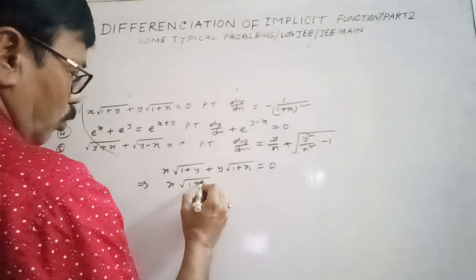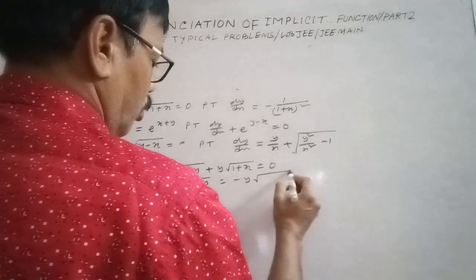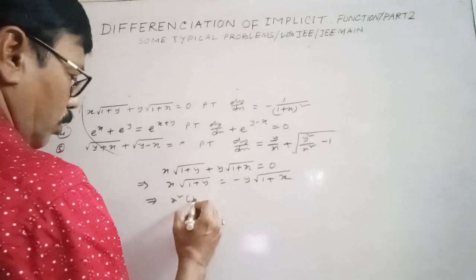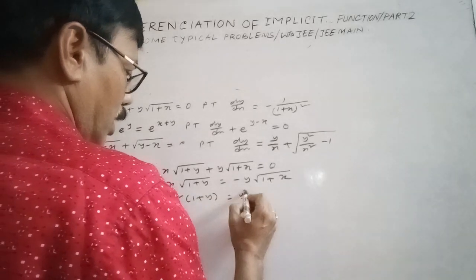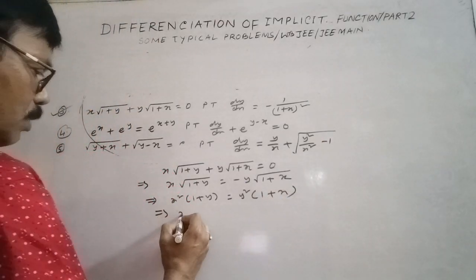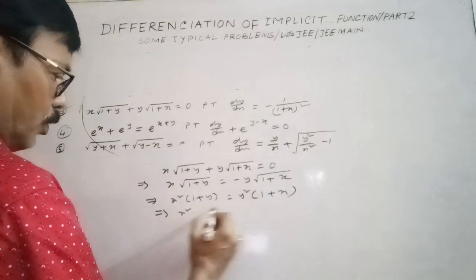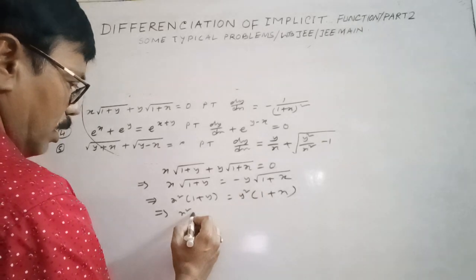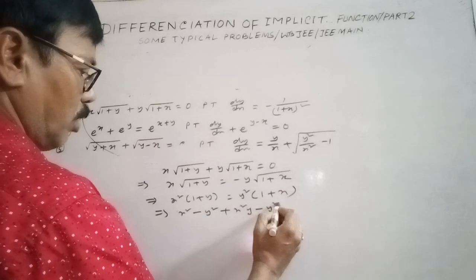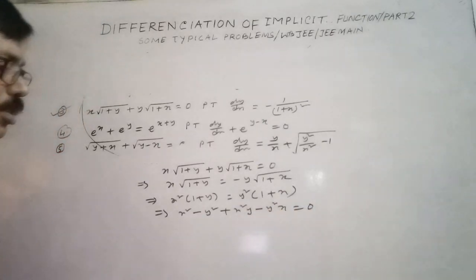So x square into (1 plus y) equals to y square into (1 plus x). Then transfer all terms to the left hand side: x square minus y square, plus x square y minus y square x equals to 0.